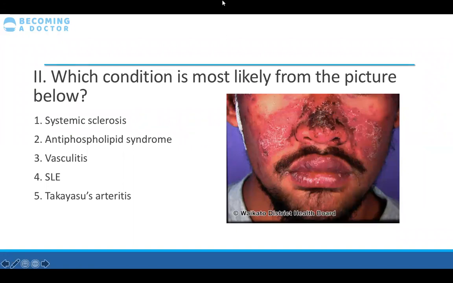Right, so the second question is, which condition is most likely from the picture below? I'm going to give you about 5-6 more seconds to answer.